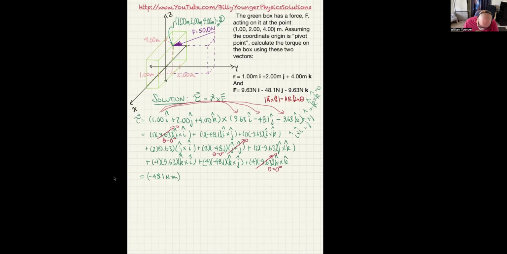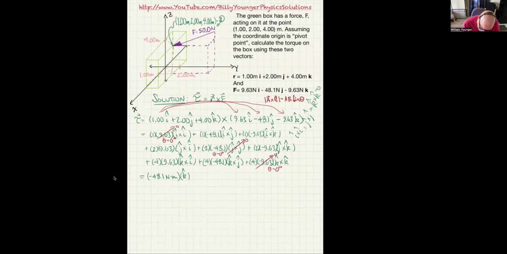But now we have I hat cross j hat, which is basically the first two of the triple. The triple is supposed to be X, Y, Z in that order. So if you do I hat cross j hat, you get k hat. So this one just turns out to be positive k hat.